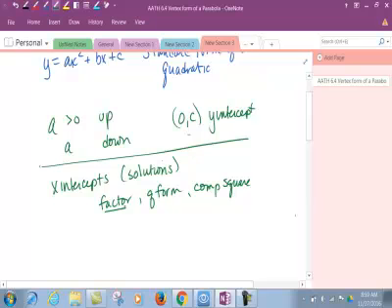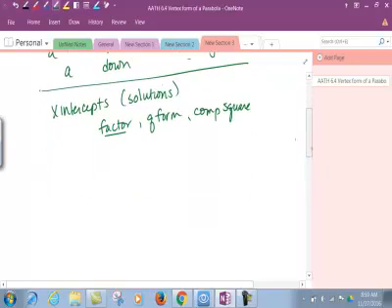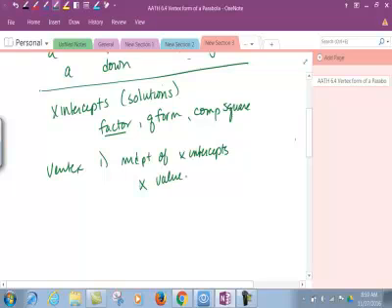When we have the x-intercepts, we can find the vertex of the parabola by, first of all, finding the midpoint of the x-intercepts. What that gives us is the x value of the vertex. And remember, the vertex is that maximum or minimum point where the parabola changes direction. Second way to find the vertex, and it's a little bit easier, is to simply find the value of negative b over 2a.